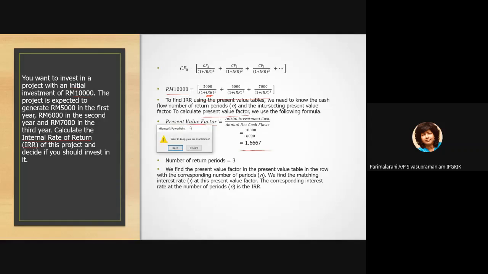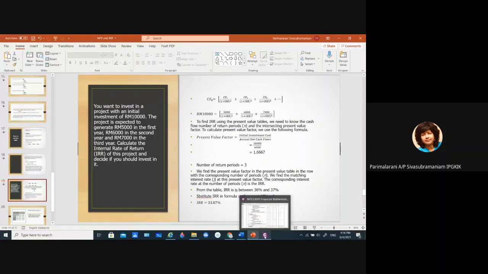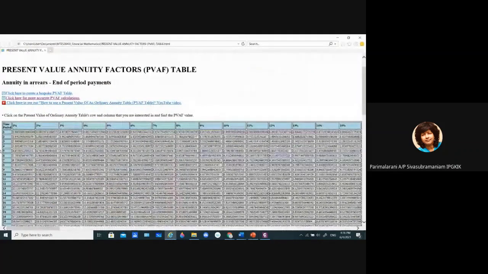Now we have to look at the table. Okay, how many years was that just now? 3, yeah? So we look at 3. And what was the value just now? Our present value factor was 1.6667.